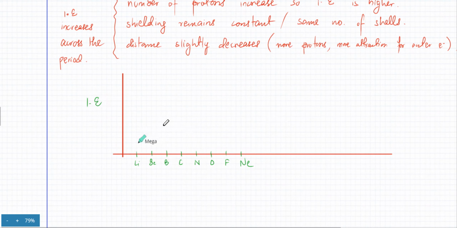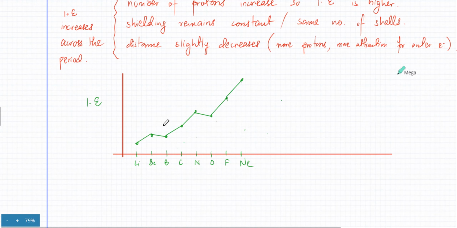But what happens is, lithium has the lowest, then there's beryllium, then at boron there's a slight dip, then you have carbon and nitrogen, and after nitrogen at oxygen there's a slight dip, and then you have fluorine and neon. It's something like this.